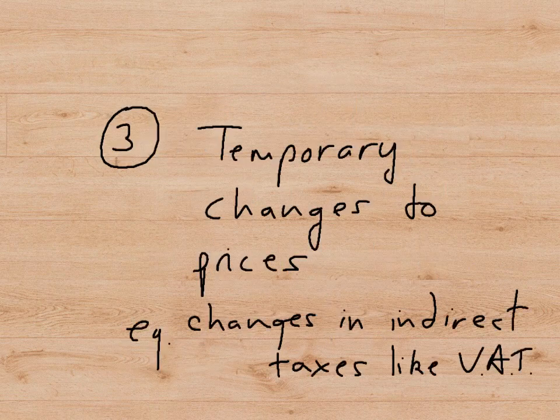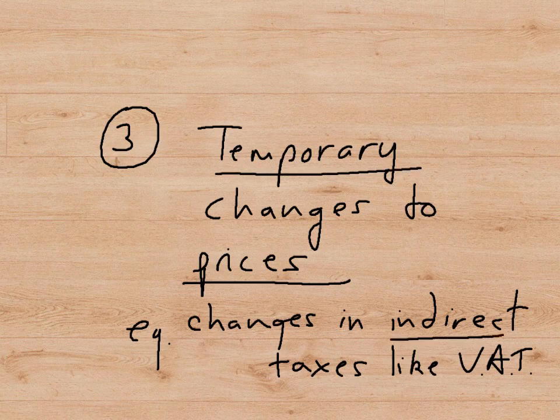The third thing that could make our reported inflation inaccurate is that sometimes the prices of goods change, but they change in a temporary manner. For example, from time to time, the rate of indirect tax, which is applied to things we purchase, that is a tax like VAT, value-added tax, can either go up or down.